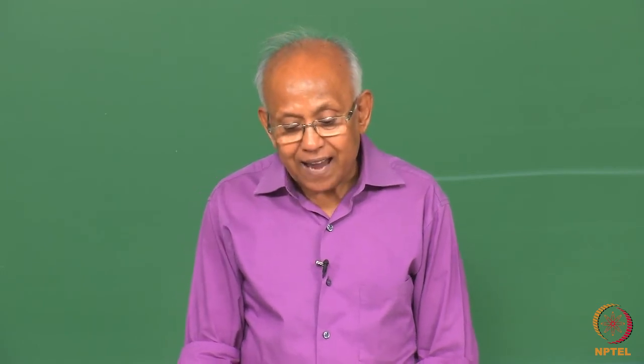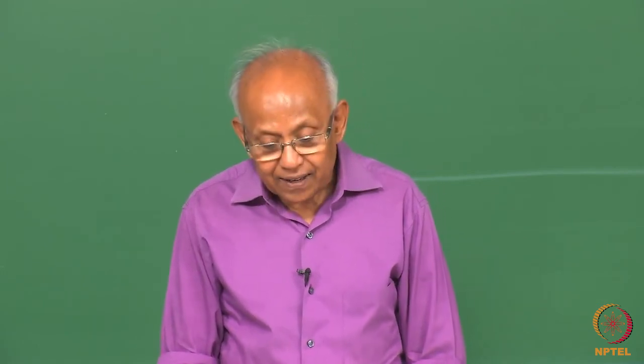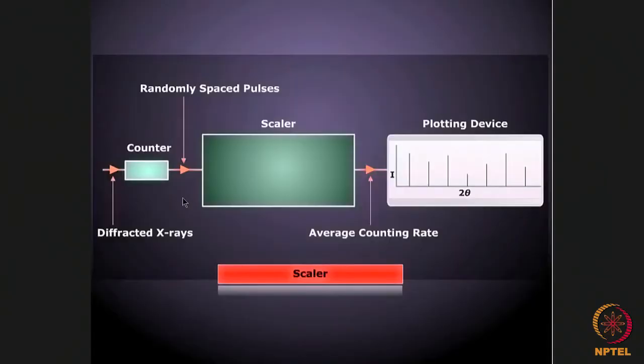We can measure the average count rate, and that is displayed through a plotting device on an output which looks like this. These are indicative of the diffracted intensity from different atomic planes in the material. As you can see here, this is an intermittent method.